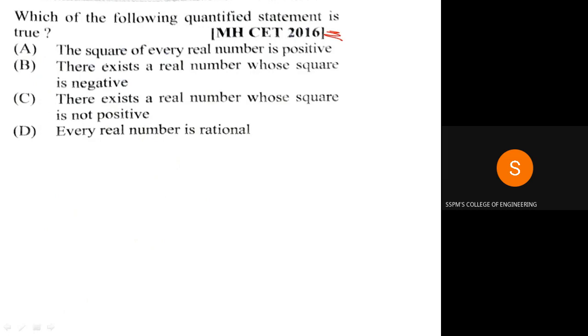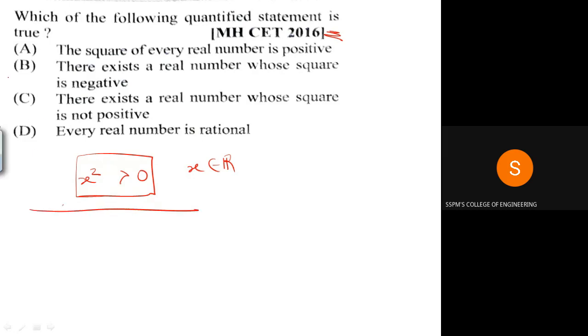First, the square of every real number is positive. Is it true? Okay, we will see the second option first, then we will come back to the first option.